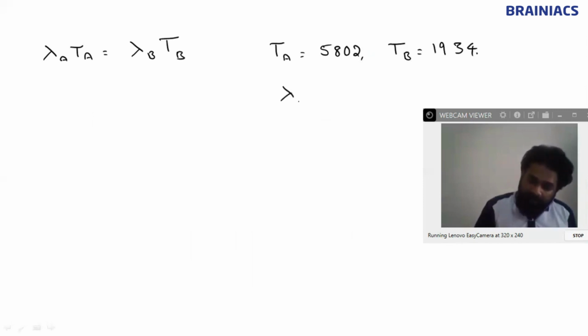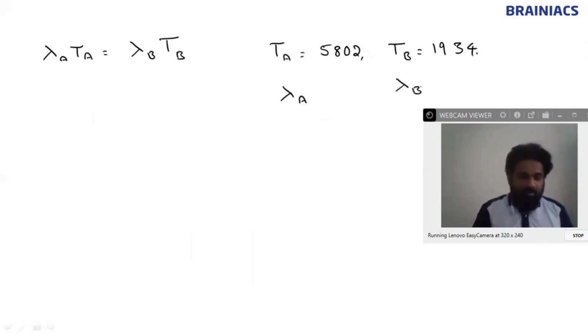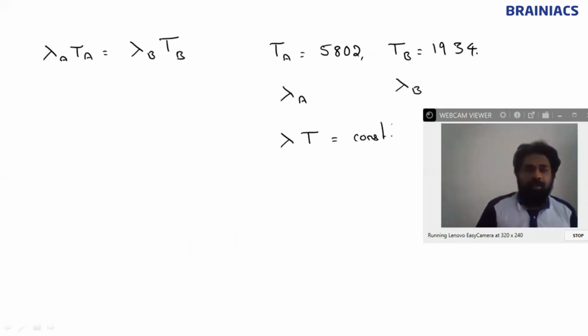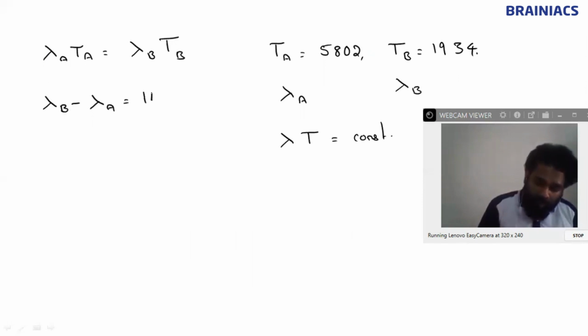So obviously lambda B will be greater than lambda A, because lambda into T is equal to a constant. Lambda T is equal to constant. So obviously lambda B will be of high value. So lambda B minus lambda A is equal to 1 micrometer.